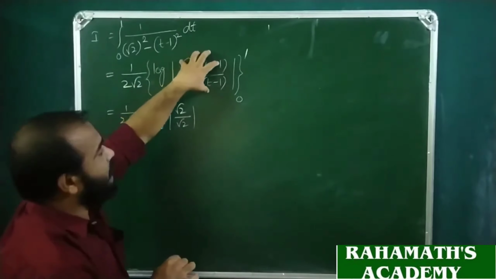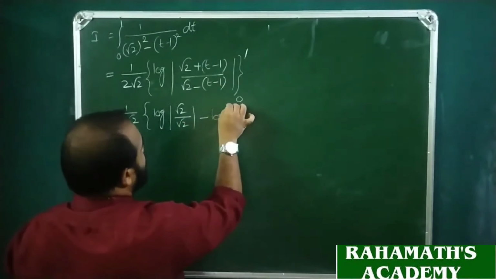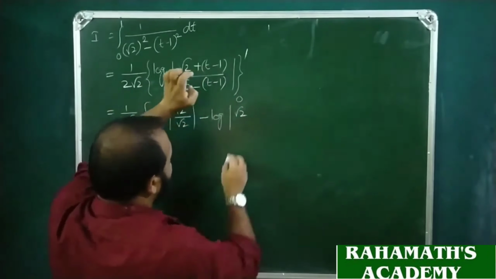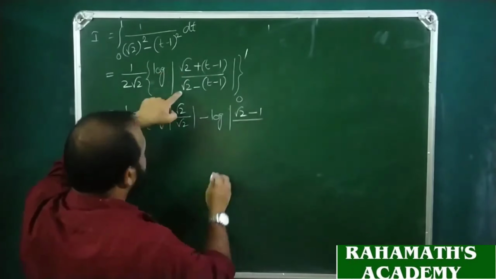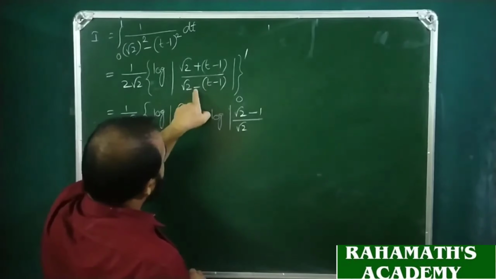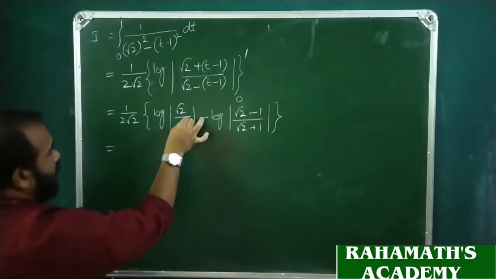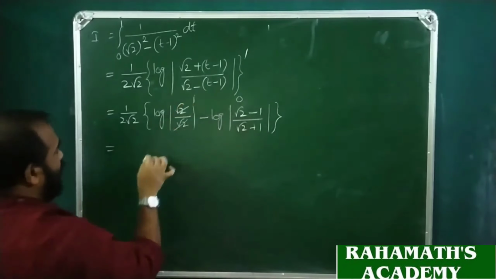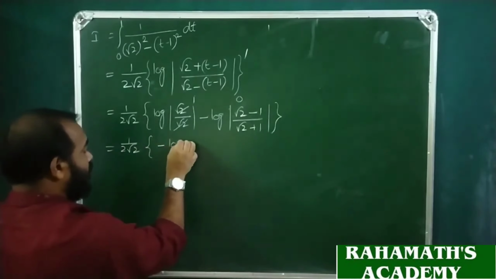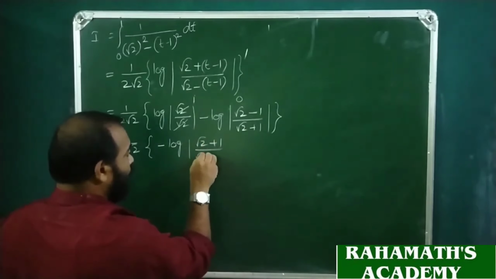So this is the upper limit I have substituted minus the lower limit: log of root 2, t value is 0, minus 1, so root 2 minus 1 by root 2 minus t value is 0, minus into minus plus 1. That is equal to log 1, value is 0. So 1 by 2 root 2 minus log, this can be written as root 2 plus 1 by root 2 minus 1 inverse.